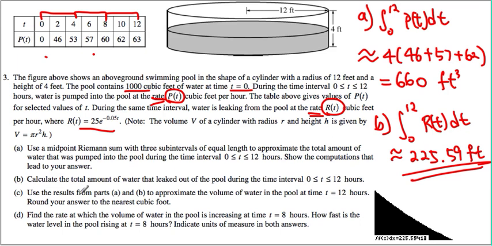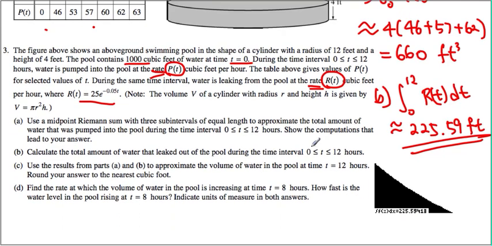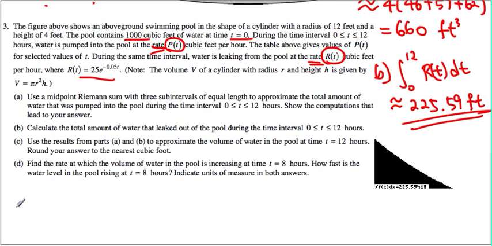Now, part C: use the result from parts A and B to approximate the volume of the water in the pool when t equals 12 hours, to the nearest cubic foot. So we can just call it the amount of water at the end of t equals 12.